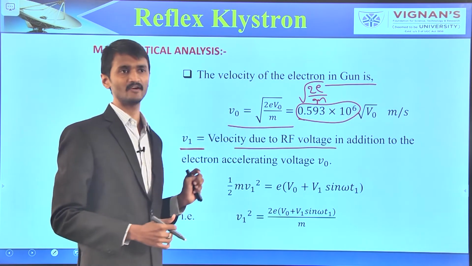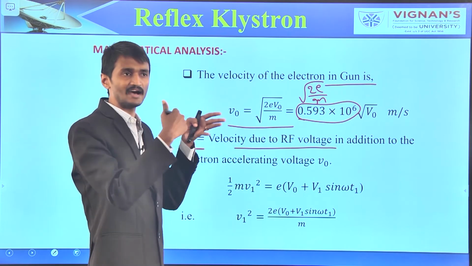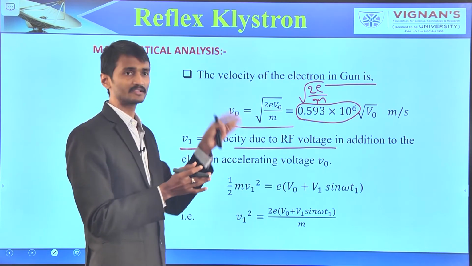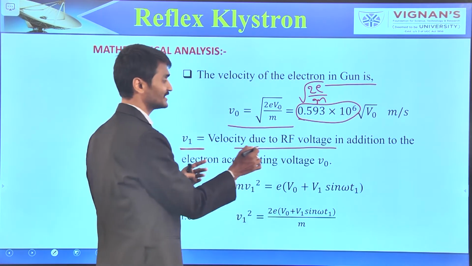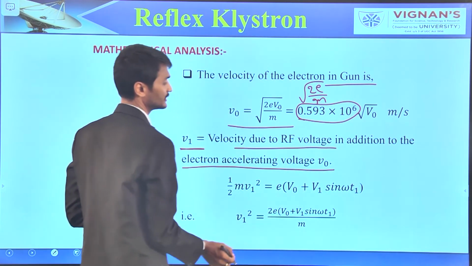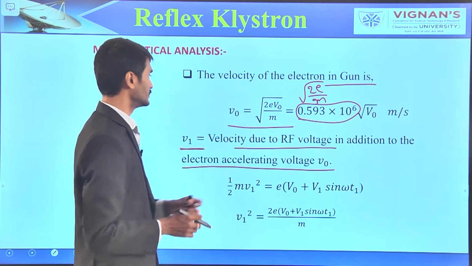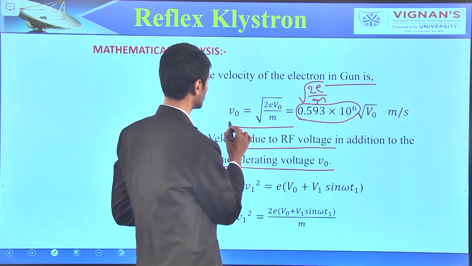Here only one cavity is present, so it acts as an oscillator. Internally, oscillations are sustained in the anode cavity, and due to that the RF signal is generated here. So V1 is the velocity due to the RF voltage, in addition to the electron accelerating velocity V0.